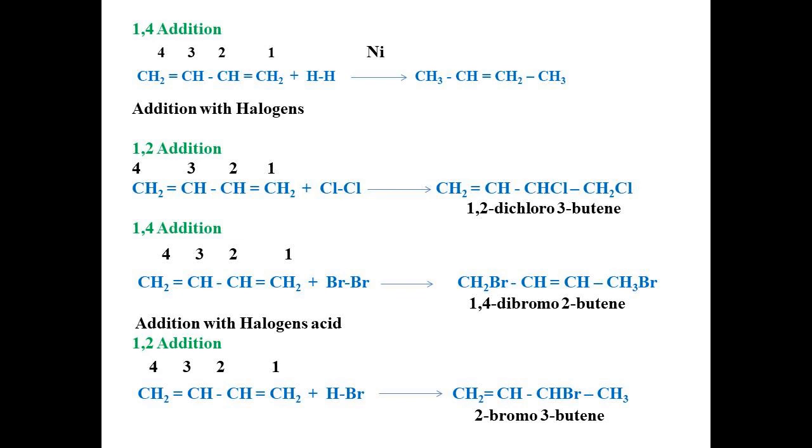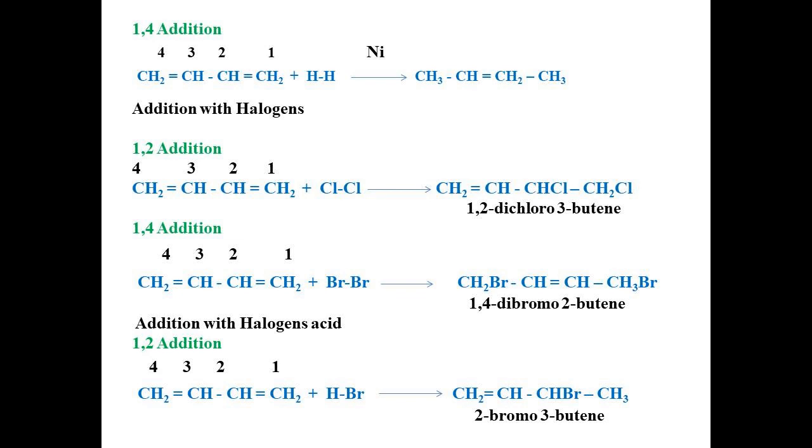It gives the product 1,4-dibromo 2-butene, with molecular formula CH2Br at the fourth carbon, CH double bond CH single bond, and CH2Br near the first carbon. So Br is added at the first and fourth carbon, and the product is 1,4-dibromo 2-butene.